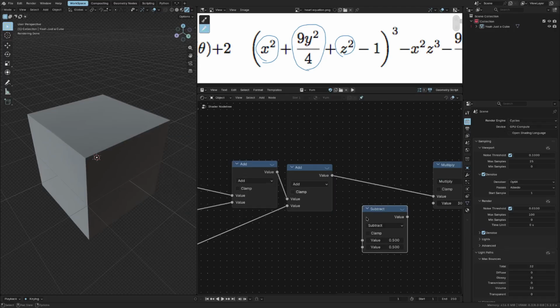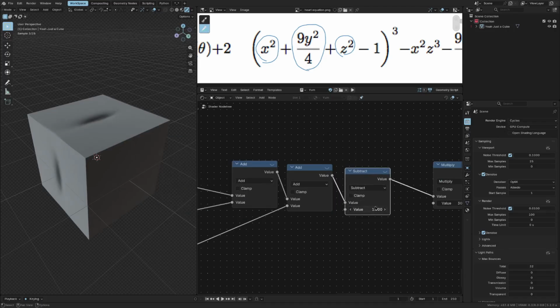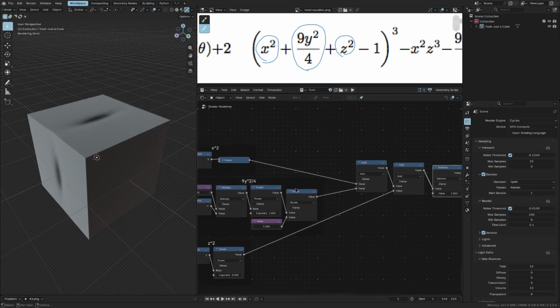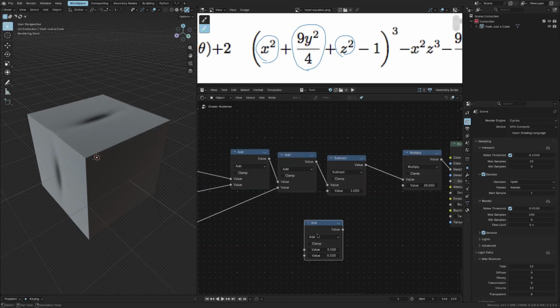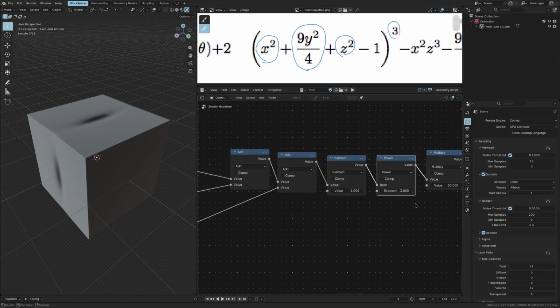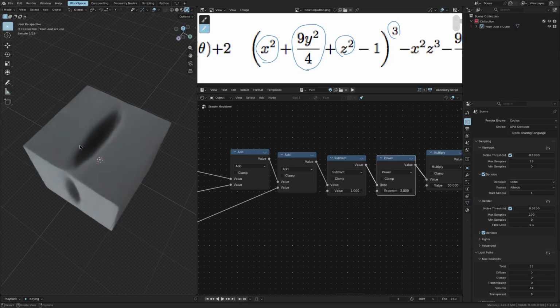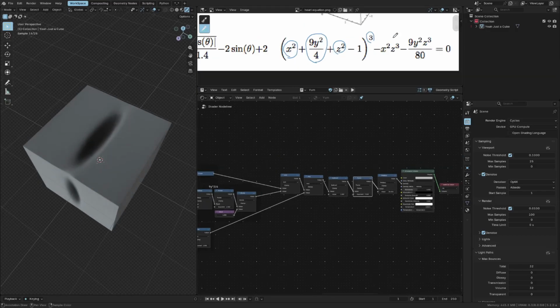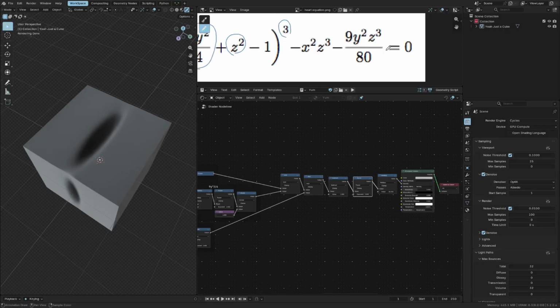Okay, subtract 1, and with the Math Power node, set the exponent to 3. We are doing this one, and it makes these interesting looking holes here, pretty cool.